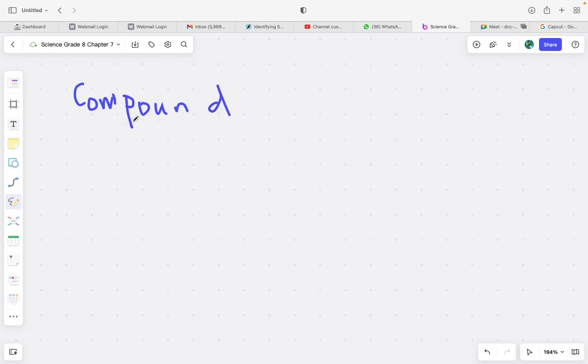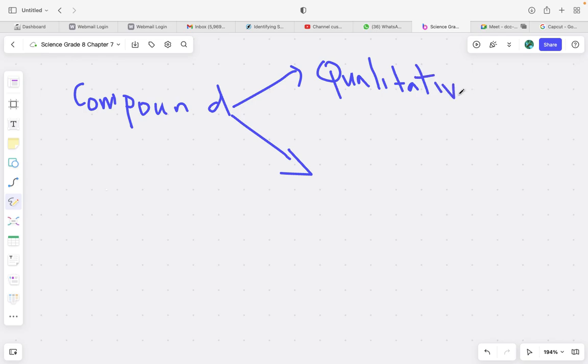The first way is the qualitative technique, and the second way the scientists use is the quantitative. Qualitative analysis tells the scientist what elements the compound is made up of.